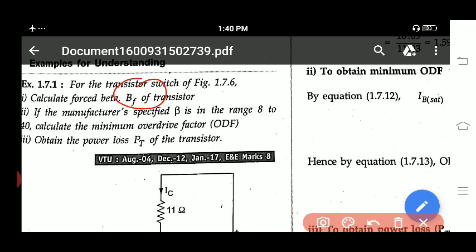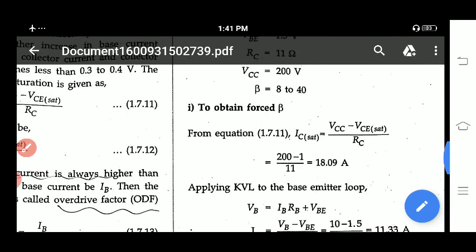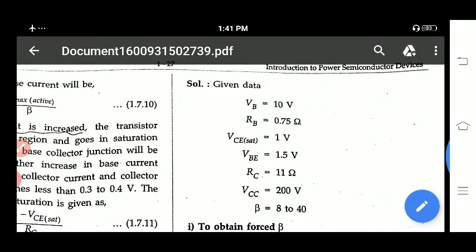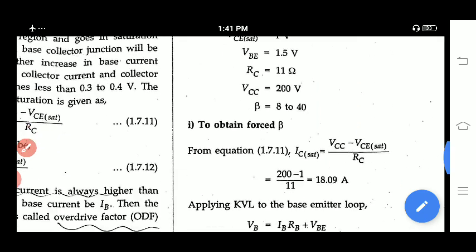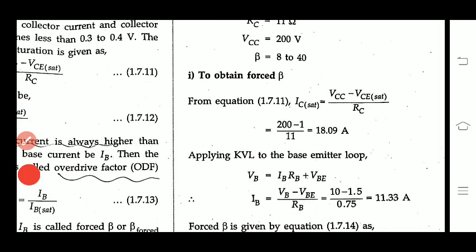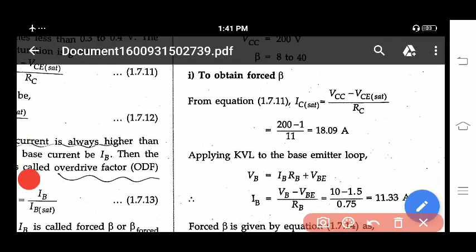Just now we have seen that expression. If the manufacturer specifies beta in the range of 8 to 40, calculate the minimum overdrive factor, and obtain the power loss PT of the transistor. So with respect to that, you can write down VBB, RB, VCE sat, VBE sat, RC, VCC, beta. Next, first to calculate IB, you can calculate IC sat equal to VCC minus VCE divided by RC. We'll get IC sat.